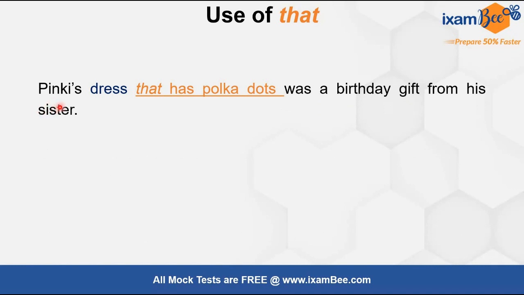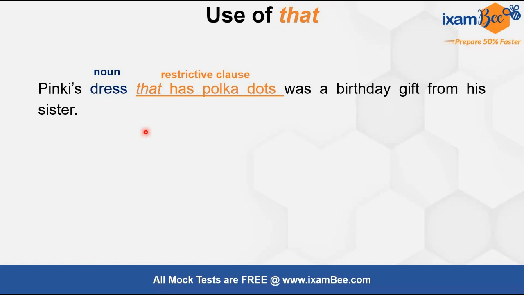Pinky's dress is the noun, and that has polka dots is a particular dress that we are talking about. If we remove this clause, the sentence will not have the same meaning. So this is a restrictive clause, and hence using that is important here. We will use that and not which.